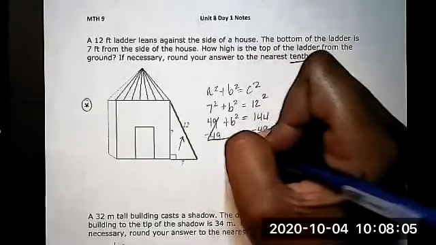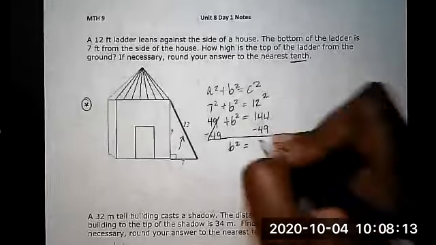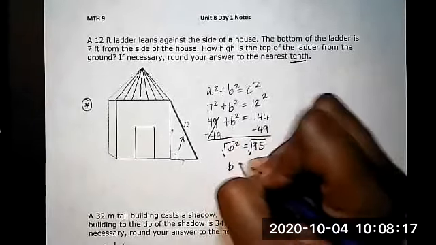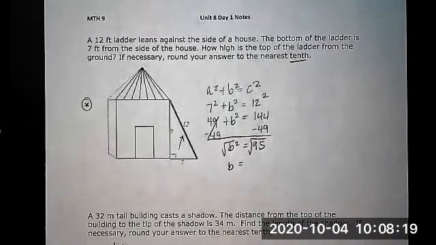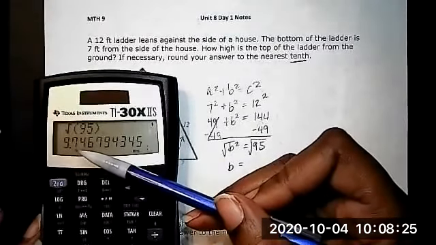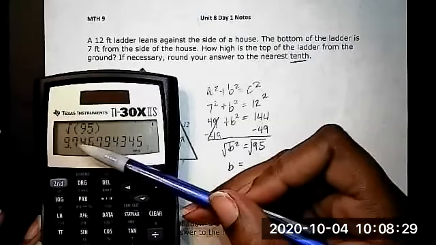We have b squared equals 144 minus 49, and that will give us 95. And of course, we take the square root of both sides. B is equal to the square root of 95, which becomes, and of course, you're looking at the tenth place, so we're looking here where the 7 is. 4 is not 5 or more, so we're going to leave that.